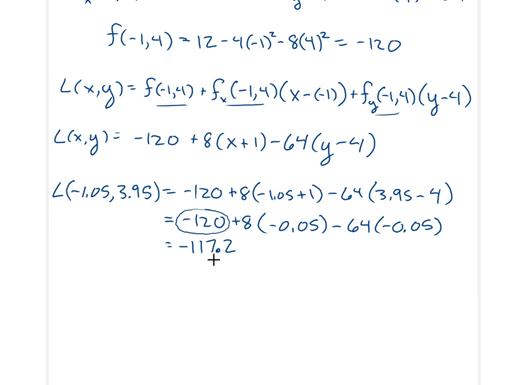I can use this and get pretty close to the answer. Now, because our function is pretty friendly, we can definitely go ahead and plug this value in and see what we get, just for fun, so that we can see how close we actually came to approximating the actual value.